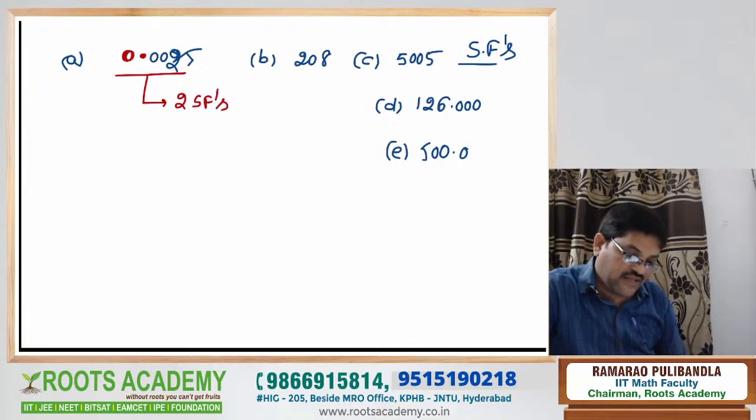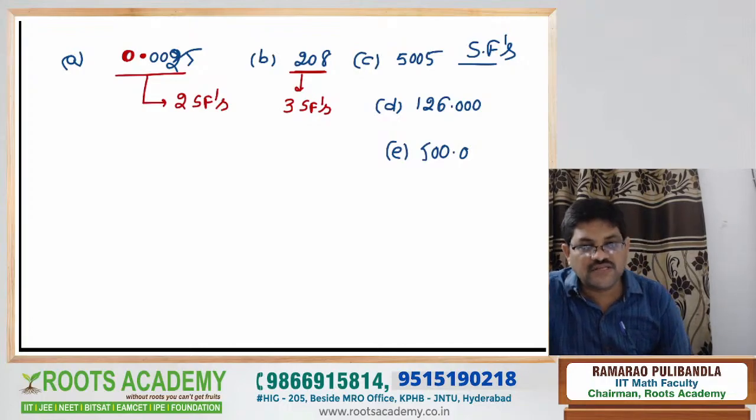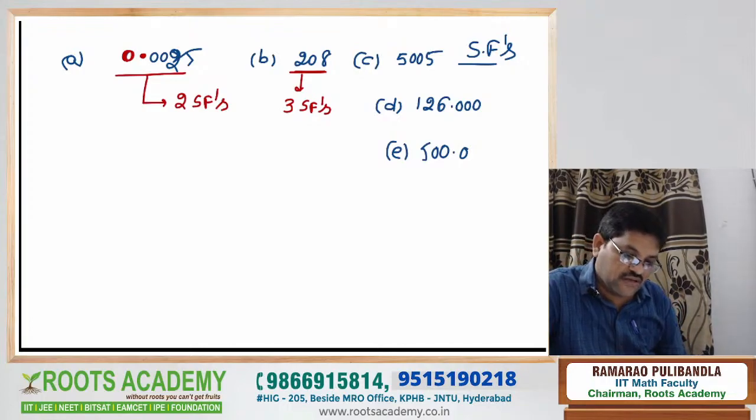And 208 is a whole number, so all values are significant. That's why 3 significant figures are possible. Understood? 5005 is a whole number.